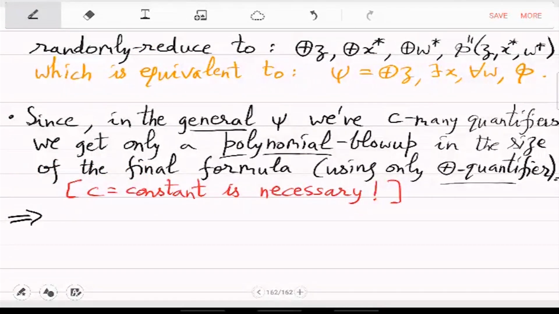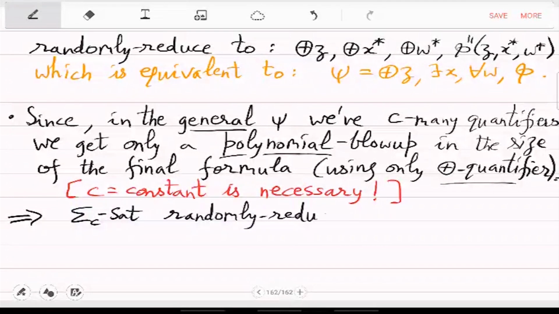And this means that we have actually reduced sigma C sat to parity sat, with very controlled, very small error probability.